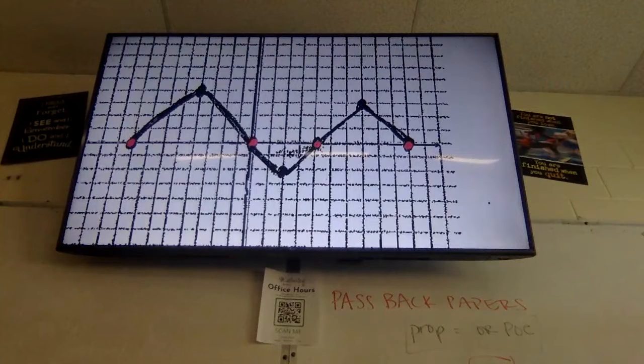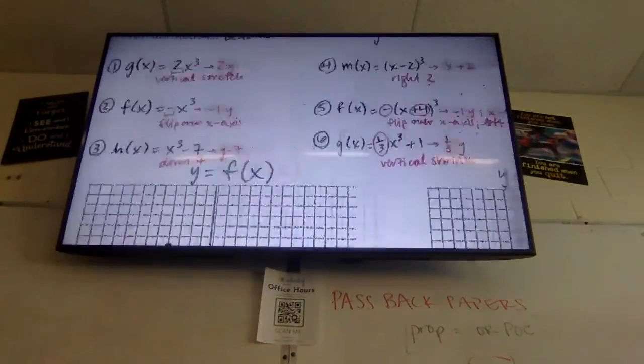So instead of being at -2, I'd be at -1, and instead of being at 4, I'd be at 2, and this is at 3, so I'd be at 3/2. See how it's like a little crunch. It's like I made it a little bit tinier. Does that help your vertical shrink question? Great.